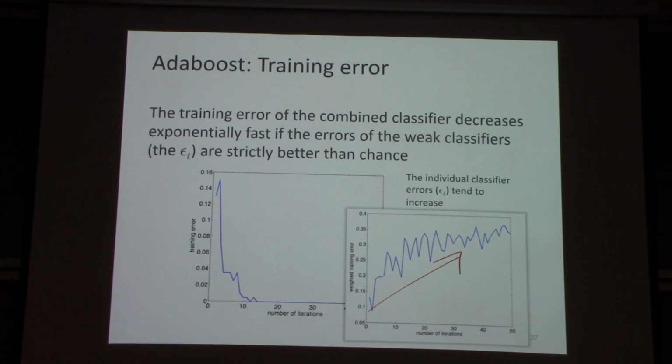So you get worse and worse weak classifiers, but their aggregate becomes better and better. Which seems counterintuitive until you realize that there's an alpha that controls how important each weak classifier is. Those alphas get smaller and smaller. So you're probably fitting some little noise in the data.